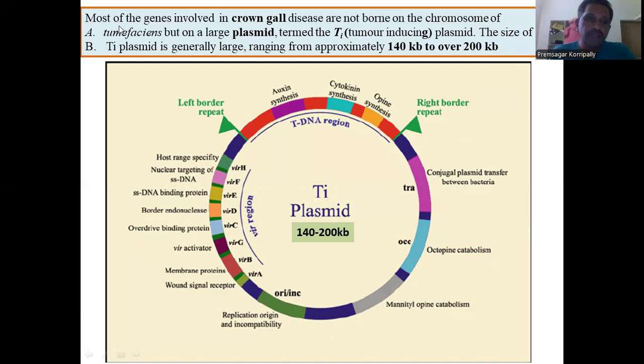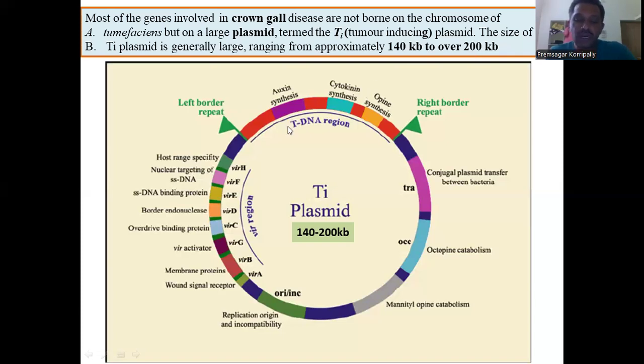You can see the statement here. Most of the genes involved in crown gall disease are not borne on the chromosome of Agrobacterium tumefaciens, but on a large plasmid termed the TI, or tumor inducing plasmid. The size of the TI plasmid is generally large, ranging from approximately 140 kb to over 200 kb.